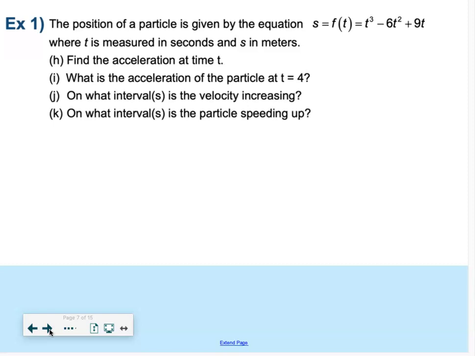Was this an actual problem on your test? So your test will have motion on it. It probably won't be 12 parts, right?